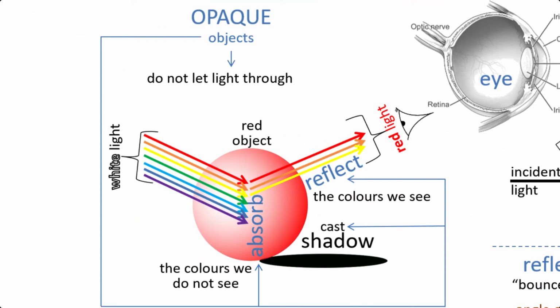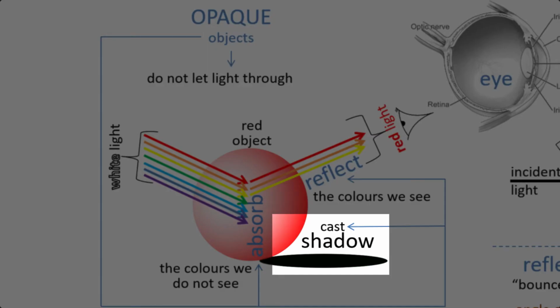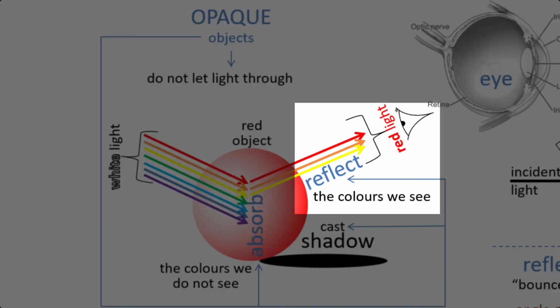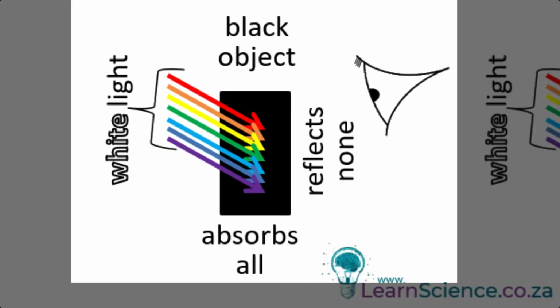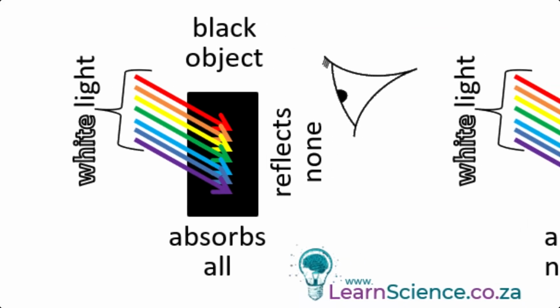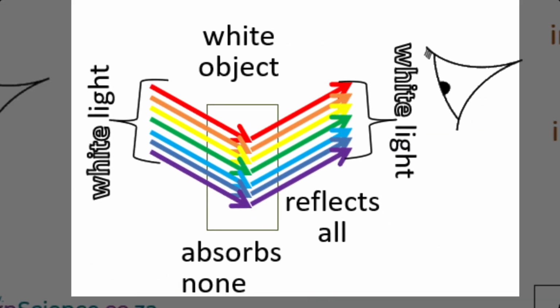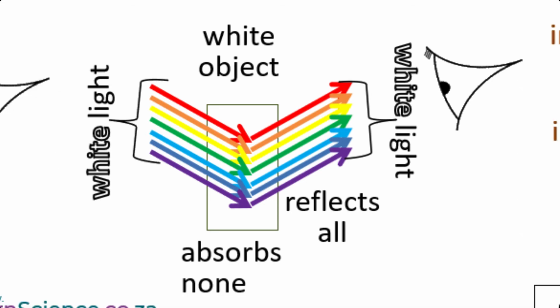Opaque objects cast a shadow. An opaque object reflects the colors of light that we see and absorbs the colors of light that we don't see. A black object absorbs all colors of light, and a white object reflects all colors of light.